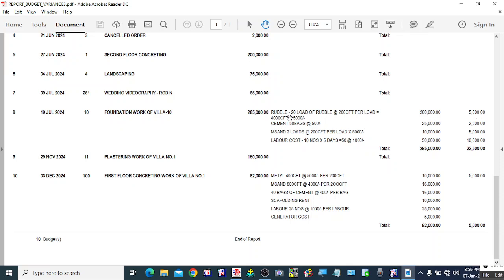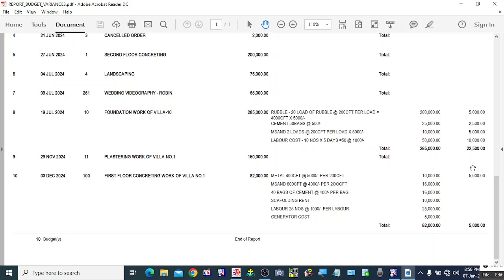For rubble, the budgeted amount is 2 lakh. Out of the 2 lakh, we have only purchased rubble worth 5,000 at the moment. So out of the budget amount 2,85,000, the cost incurred at the moment is 22,500 only. By seeing this also, we can very easily identify the work in progress of this budget.